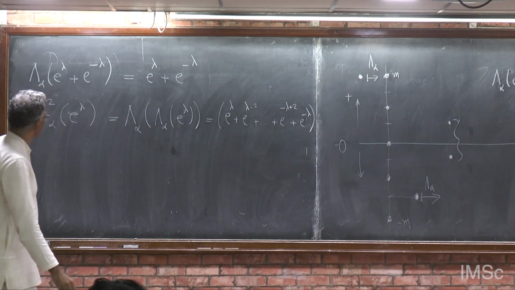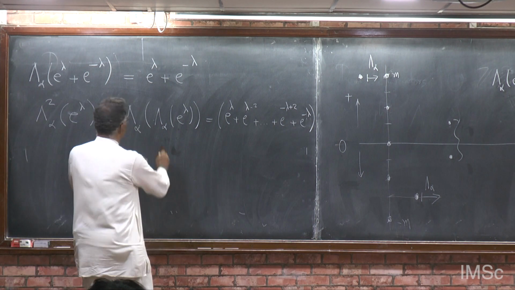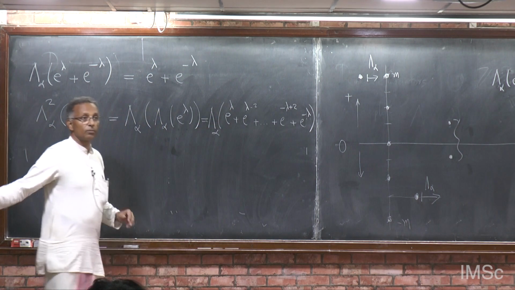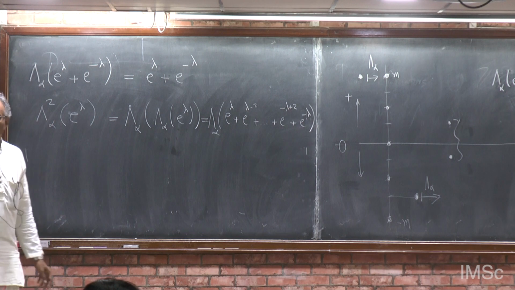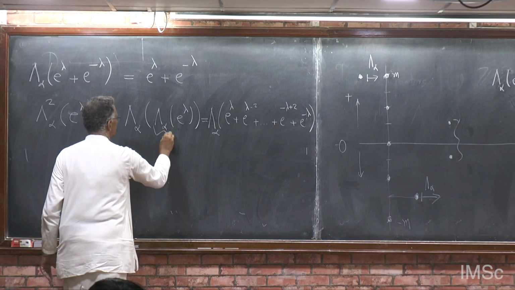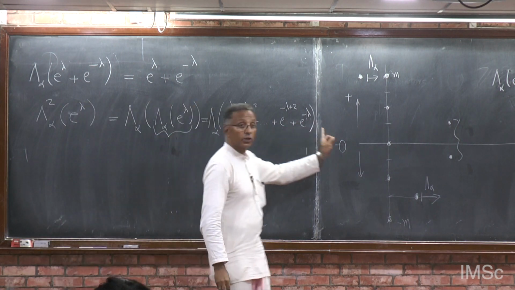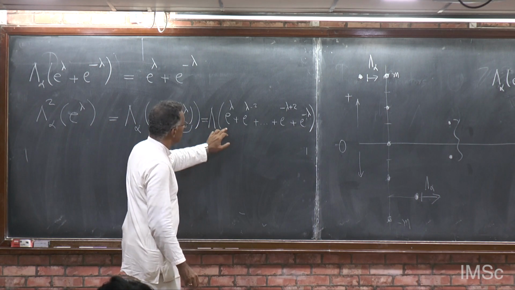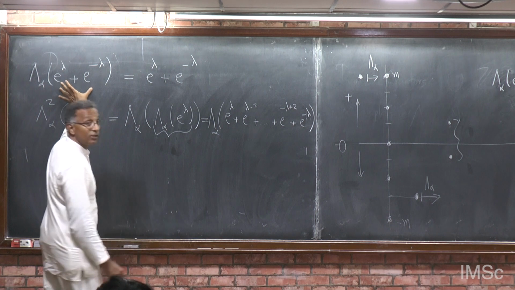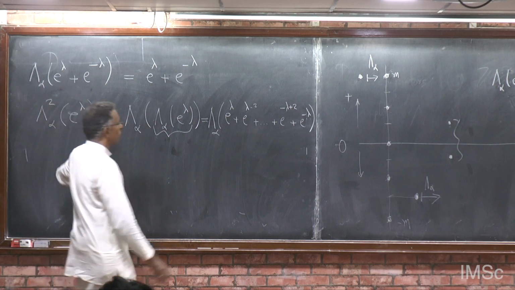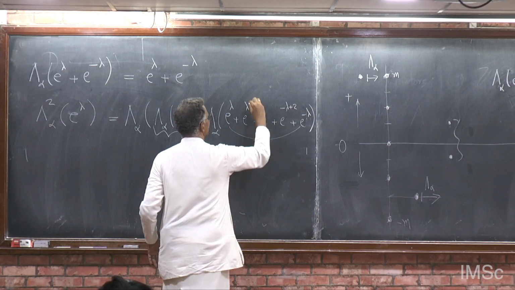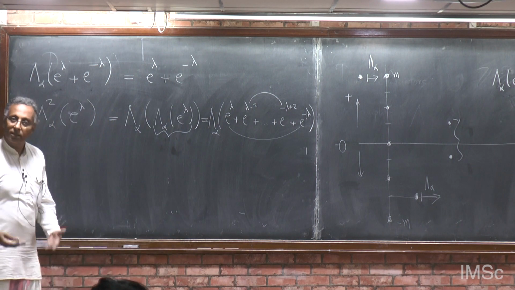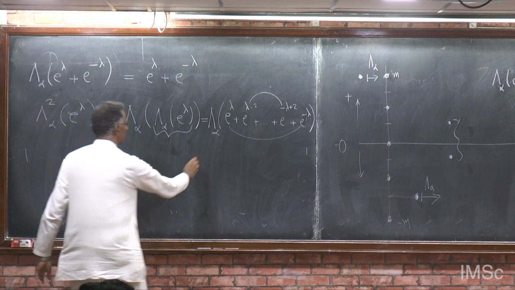Correct? So this is equal to lambda alpha on that, because I have substituted our formula for this. So I can break this up like this. It's the same thing. So I get the same thing.